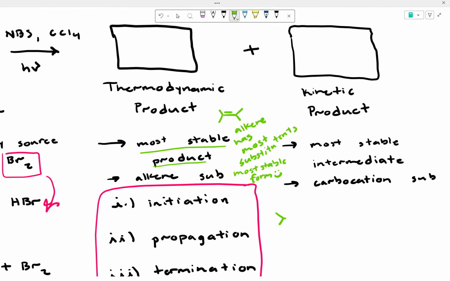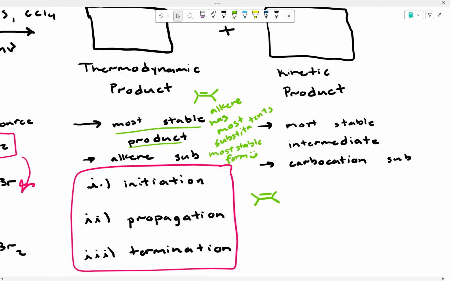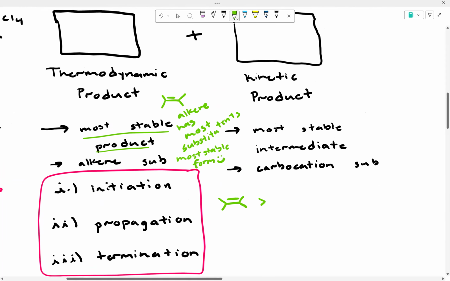So when I say most substituents, I mean this alkene is more stable than this alkene versus this alkene versus this.